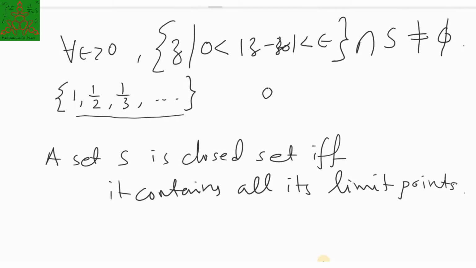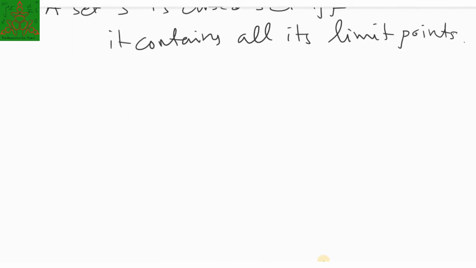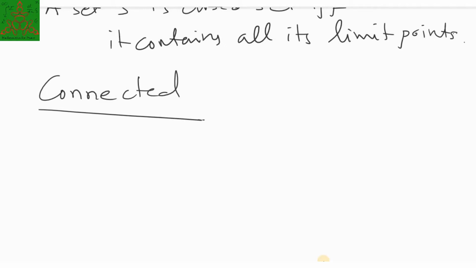The next concept is about connectedness. The connected set in the case of complex numbers is very easy to see, but in general, for an arbitrary set, a connected set will have no separation, meaning your set is not divided into two sets.